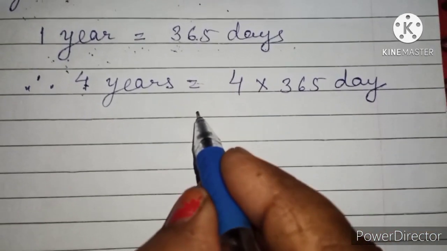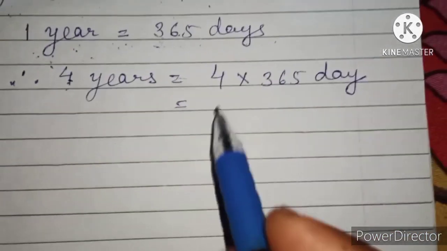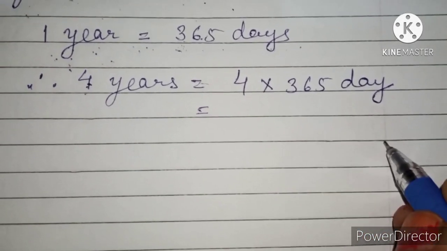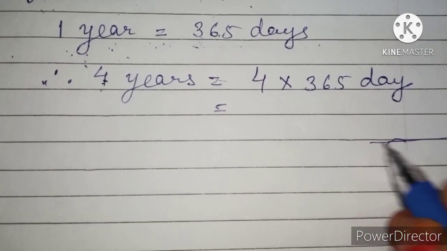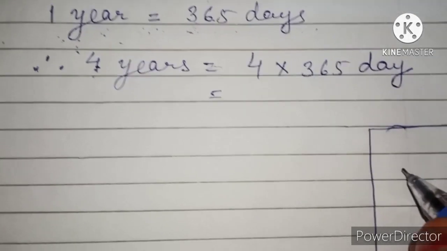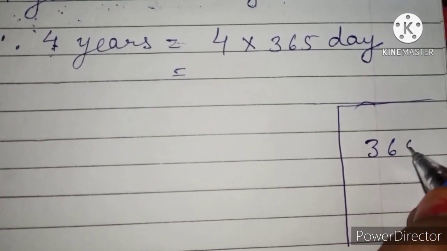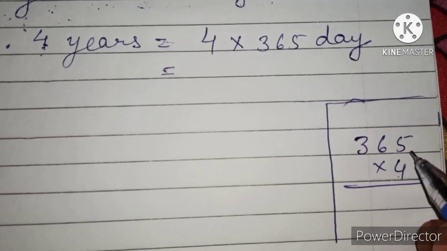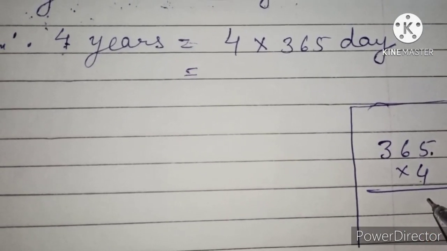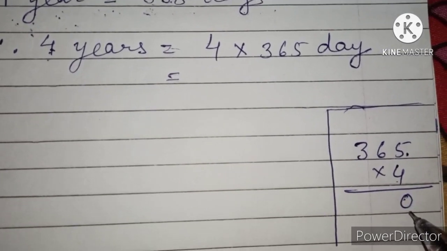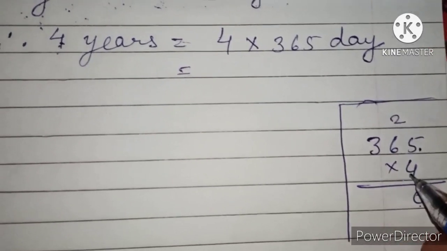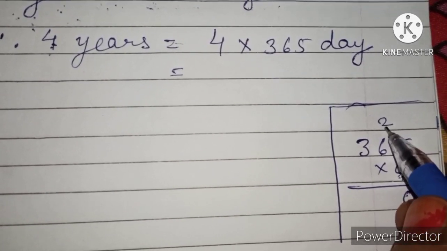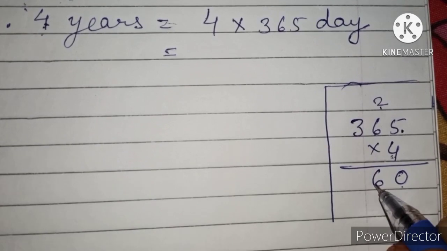Let's start multiplying. 365 multiplied by 4. Children, 4 5s are 20. 0 write down, 2 carry. 4 6s are 24. 24 plus 2 is 26.